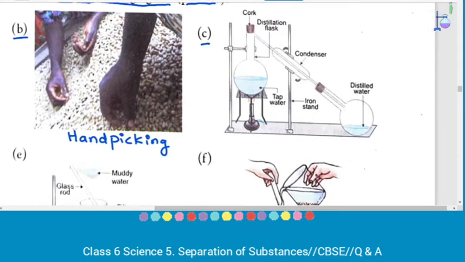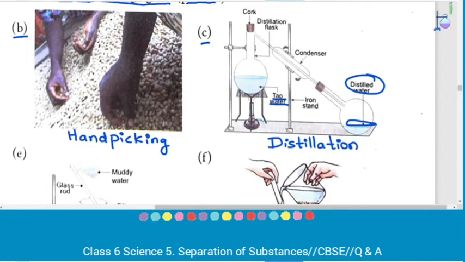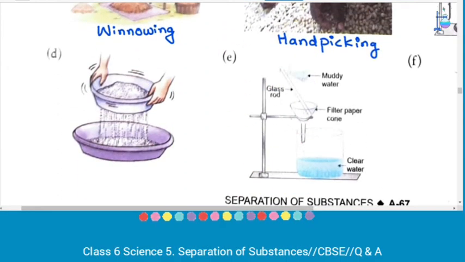Observe the figure C. In this figure, tap water is heated and here distilled water comes. Then it is a process called distillation. Here the distillation process is used. Observe the figure D. This method is called sieving.